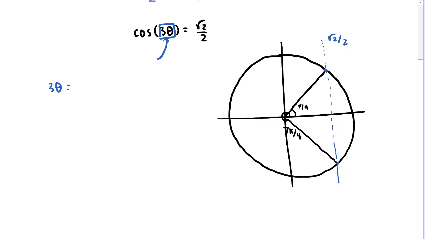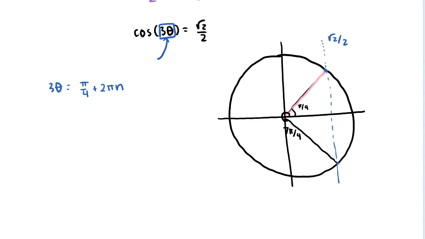well, that should equal pi over 4 plus any of its coterminal angles, 2 pi n. Because if 3 theta brings us to this family of angles, then cosine of that angle will give us the square root of 2 over 2.